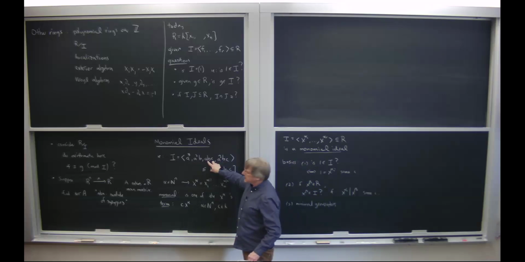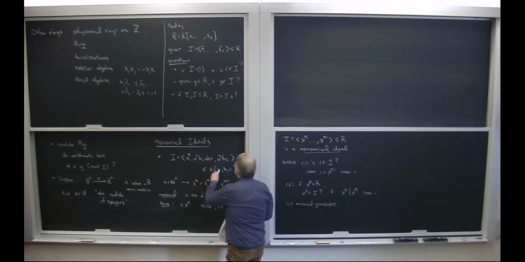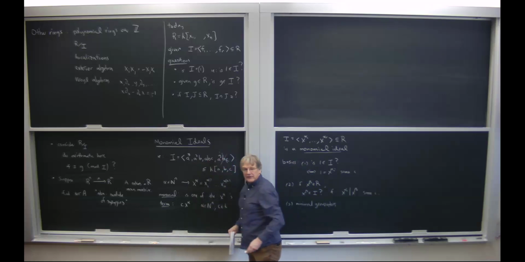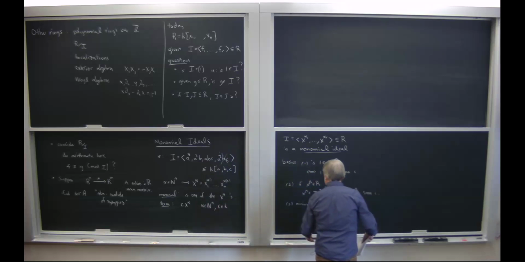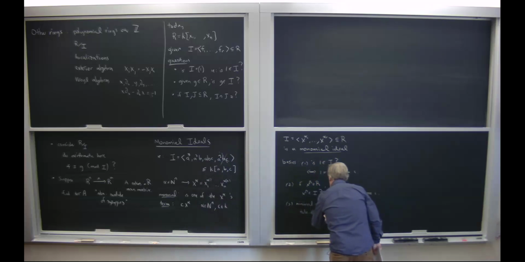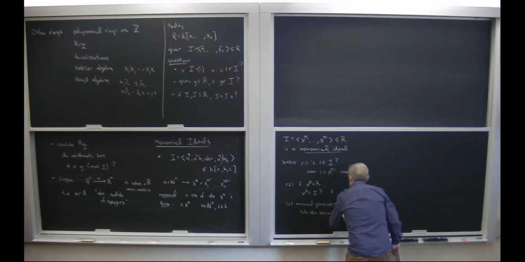Yeah, this one is equal to A times this guy. So this one I can ignore. I could get rid of that one. But none of these can I ignore. I need all of those. So basically, we take the minimal x to the alphas under division.